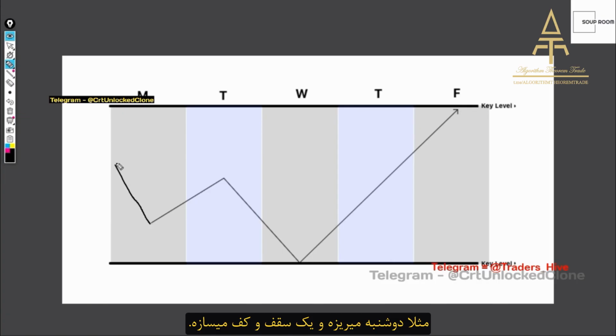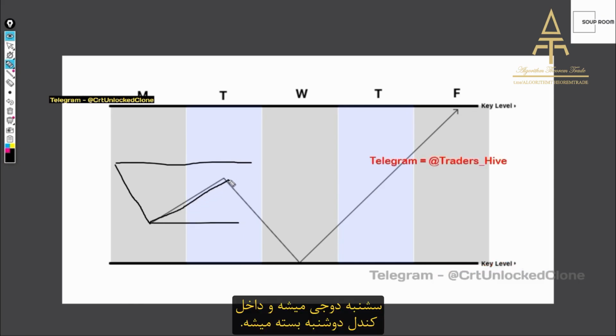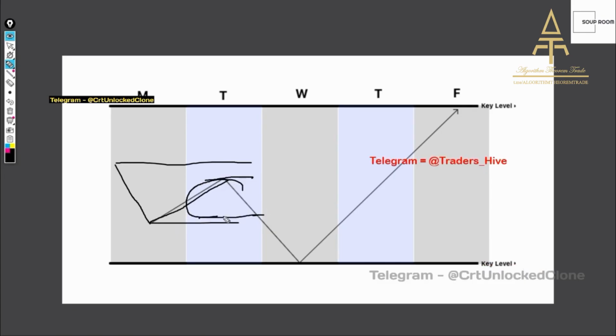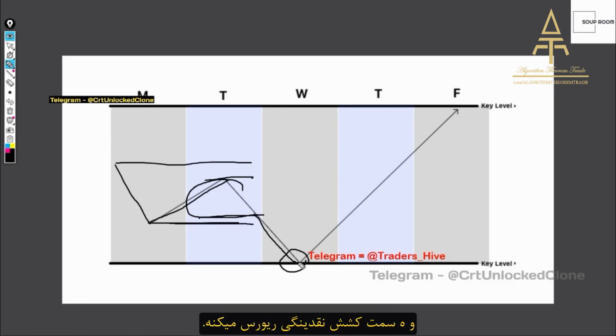We create a high and low. Tuesday forms an inside bar. We close within Monday's candle, inside bar, high and low. Wednesday will manipulate Monday's lows, Monday's CRT low, hitting a key level and reversing upwards towards the draw on liquidity.